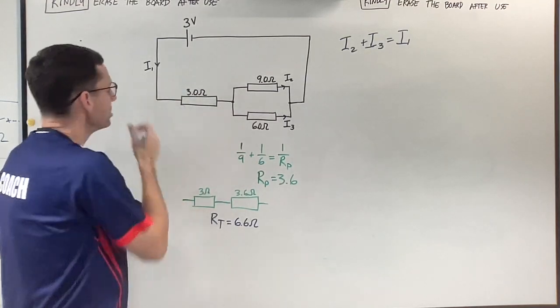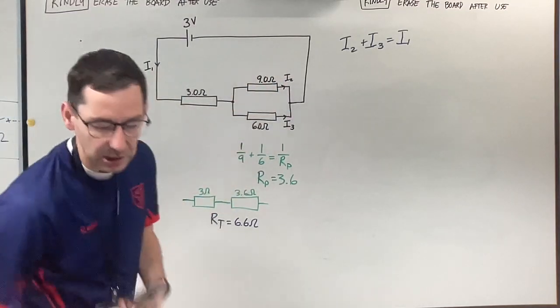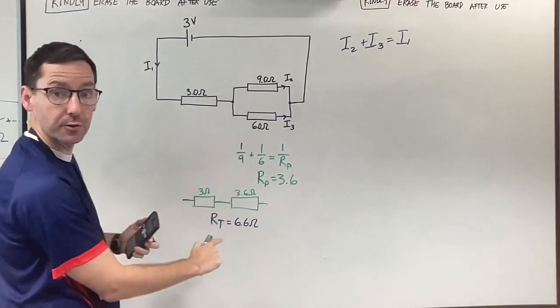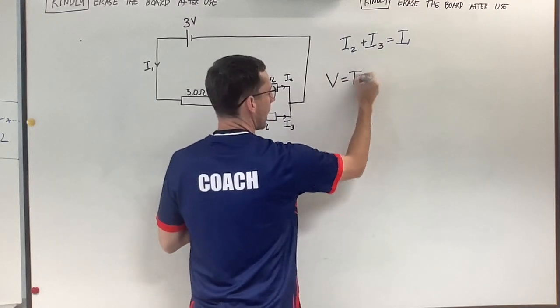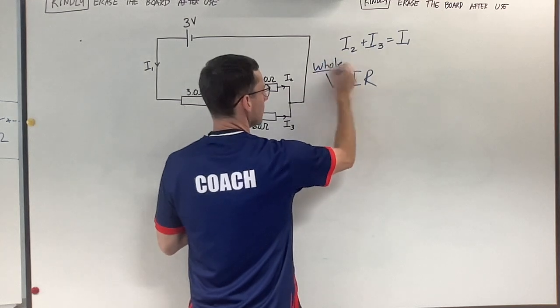All right? So with that, I can now look at the whole circuit. So I'm looking at the circuit as an entirety, so I'm going to use the same blue that I used here, and I'm going to go V equals IR for the whole circuit.